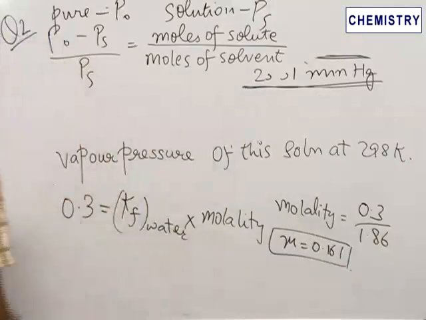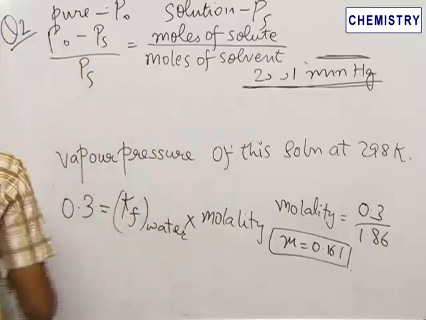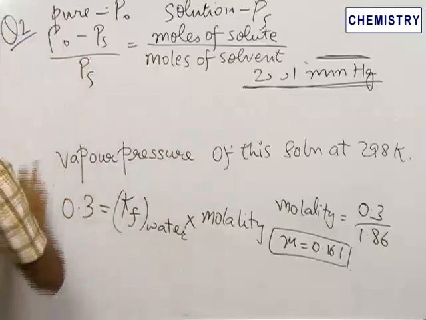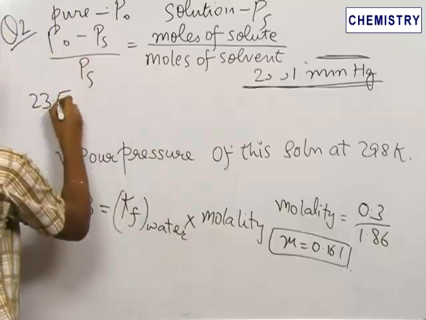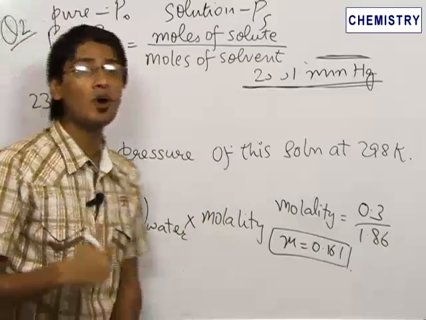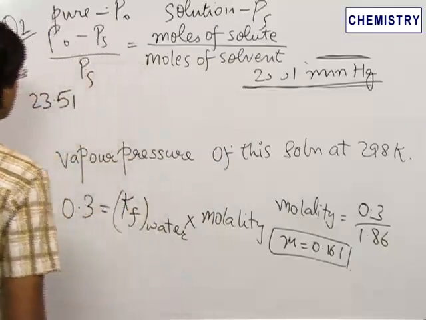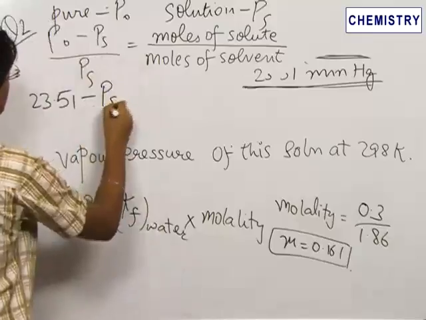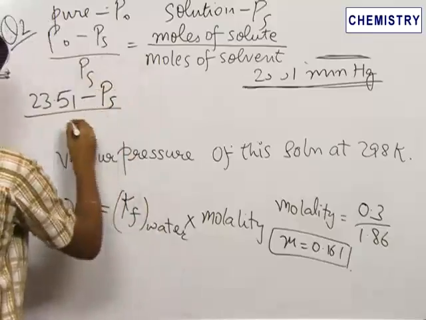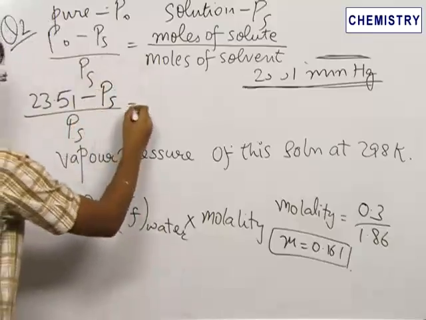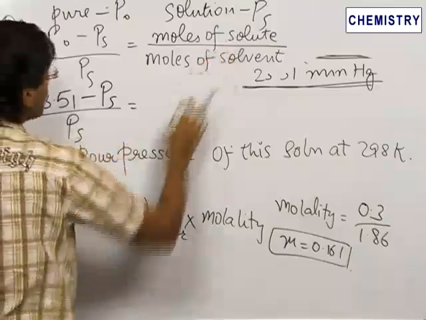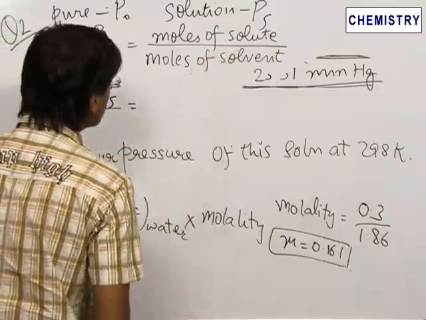On putting the values in this formula, we know that P naught is equal to 23.51, which is given in the problem, that the vapor pressure of pure solvent water is 23.51 millimeters of mercury. We want to find the new vapor pressure PS. (P naught minus PS) divided by PS is equal to moles of solute divided by moles of solvent.